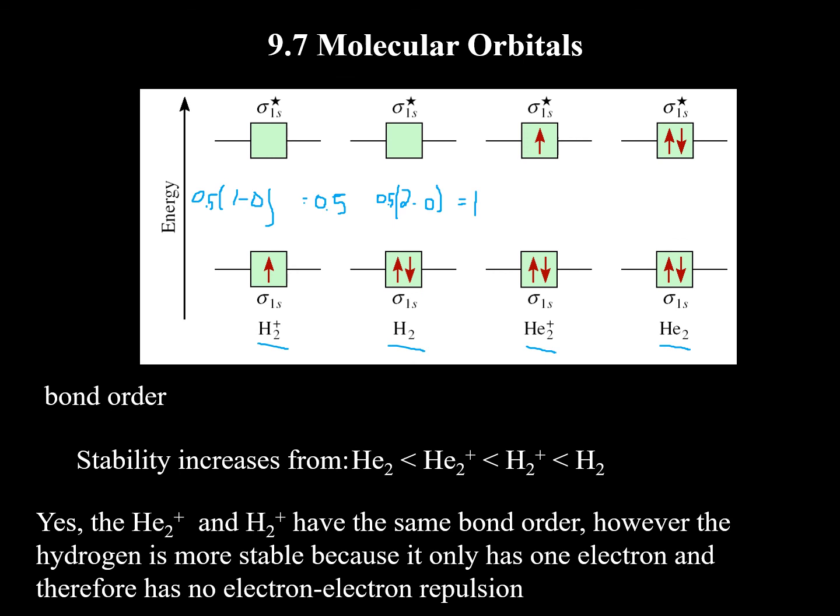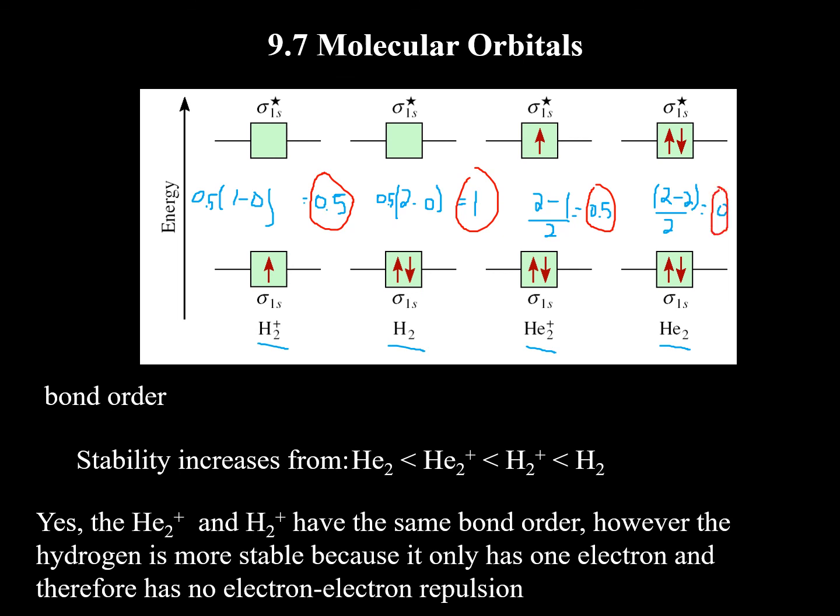The bond order for He2 plus would be 2 minus 1 divided by 2, which equals 0.5. And the last one, He2, would be 2 minus 2, which is 0, divided by 2, which is still 0. So if we look at the bond orders, we compare 0.5, 1, 0.5, and 0.